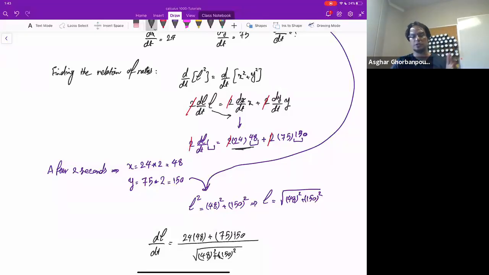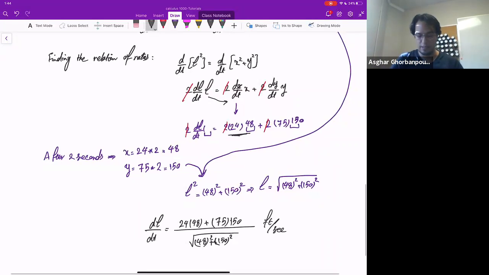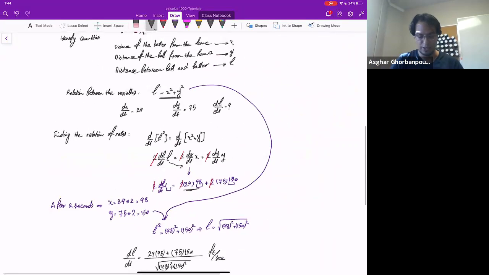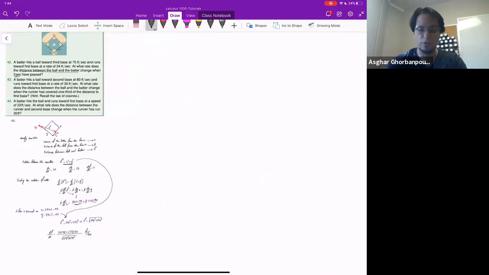Well, it is a strange number, but can we simplify? You don't need to simplify. If I leave it like that, this will be how fast the distance between the batter and the ball will change. Okay, so that's the answer for question 42 of the book.